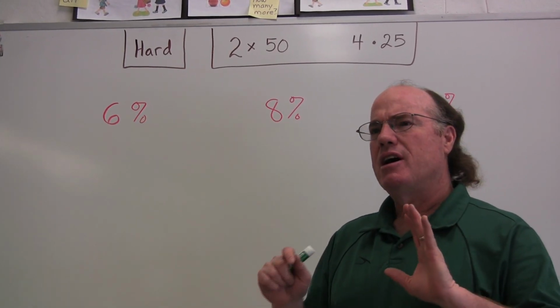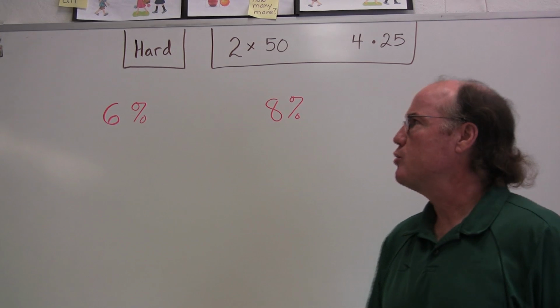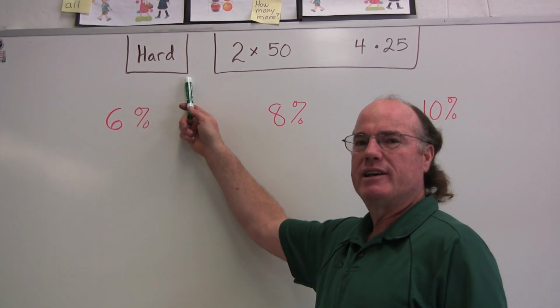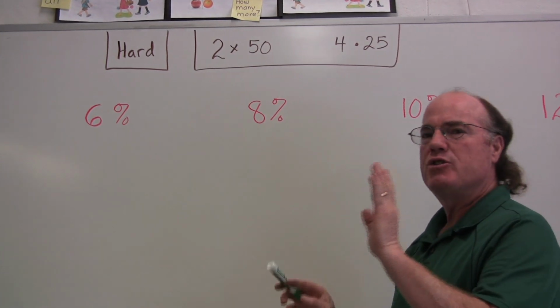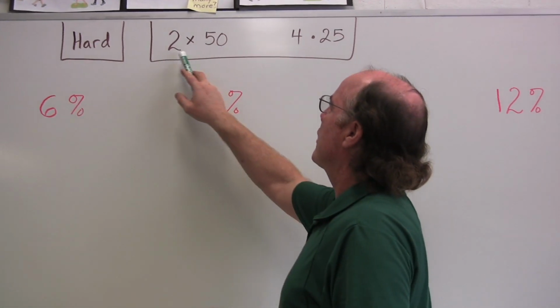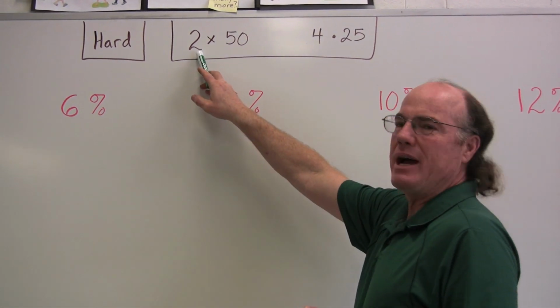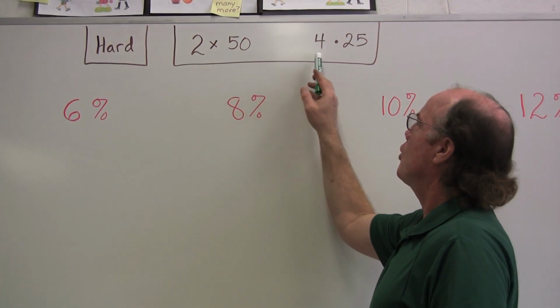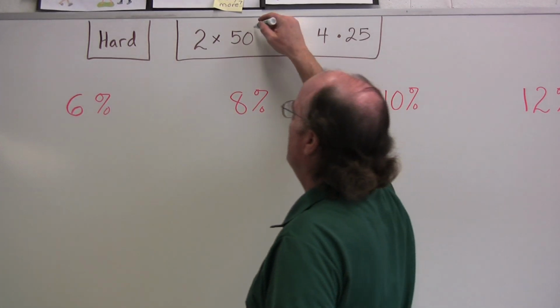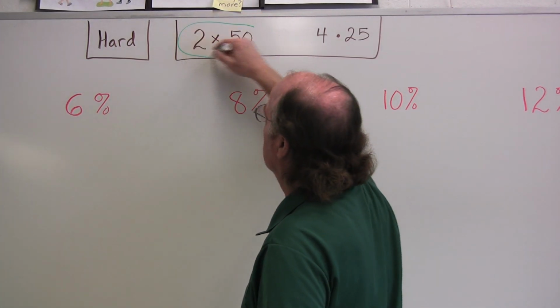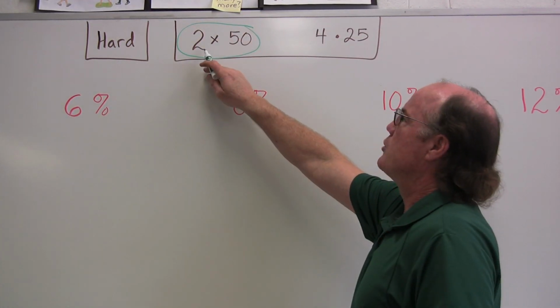The last set of examples deals with probably what's hardest for kids, and that's when we either have numbers in the numerators where you have to divide by 2, reduce by 2, or where we reduce by 4. Now remember, anytime we reduce by 2, that's reducing by 2.